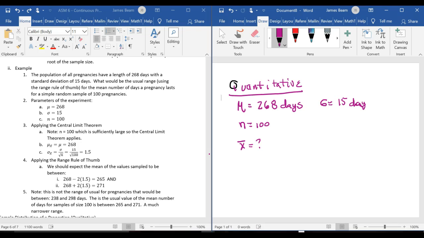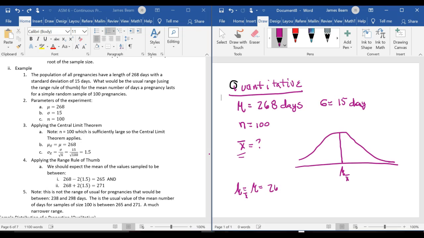And what I'm going to get is that those means from those samples of size 100 actually fall on a bell curve. And not surprisingly, the mean of those sample means happens to be the same as the mean of the population.